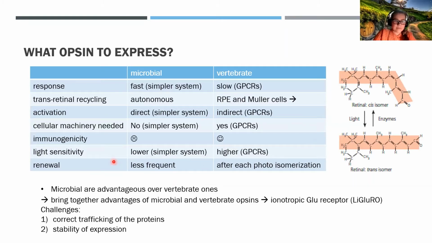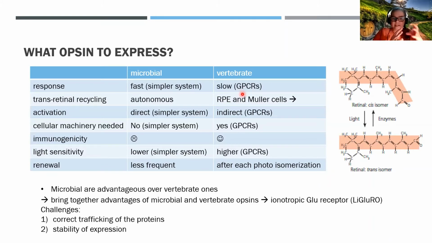And also another disadvantage is that we have lower light sensitivity, and an advantage of microbial opsins is that renewal is less frequent. So I understand it as desensitization, that GPCRs undergo desensitization after being activated for some time.